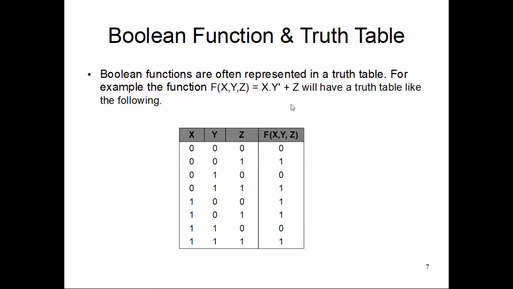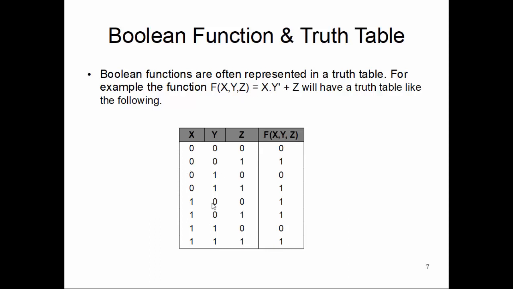So I can opt to construct a truth table, which tells me explicitly, for each combination of values for these variables, what my outcome is, what my function value is. Okay, so this is the reason we can represent a Boolean function in a table format, not only always as an expression.